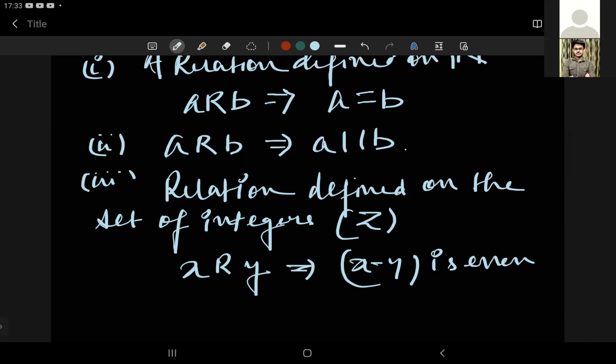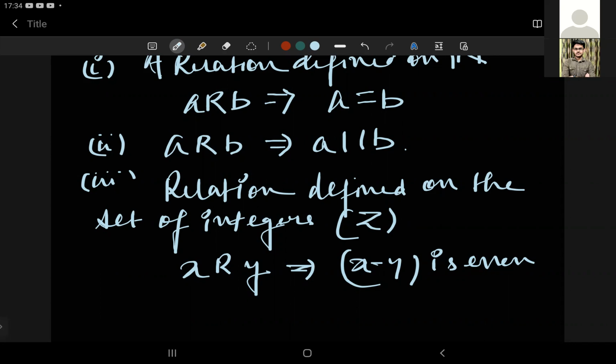First of all, it would be a symmetric relation, because if x minus y is even, for example x minus y is equal to 2k, where k belongs to the integers, then y minus x will be minus 2k, which we can represent as 2 into minus k, and minus k will also for sure be an integer. So if x comma y exists in R, then y comma x will also exist.